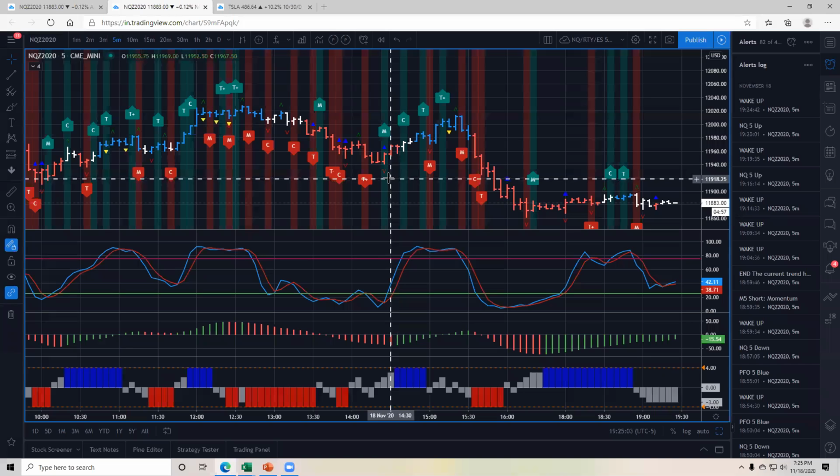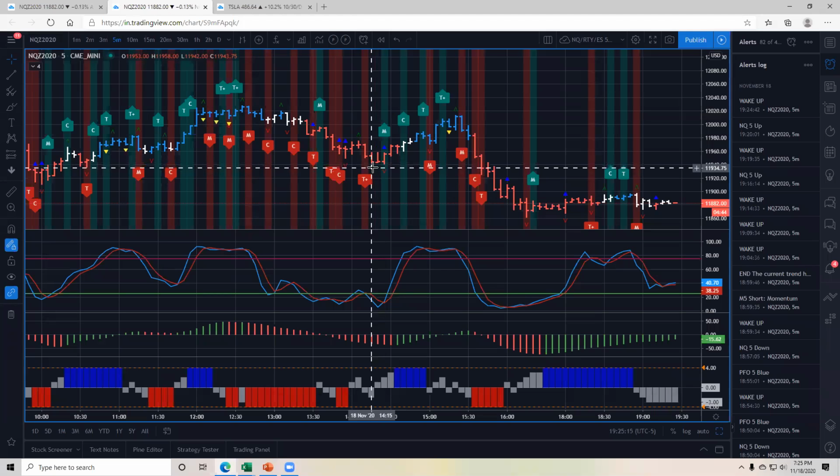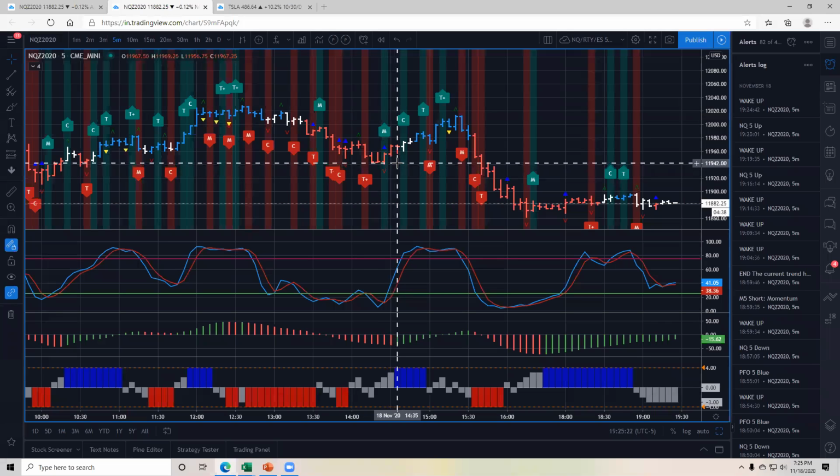What defines a fractal is, on a lower fractal, the two price bars preceding the fractal have higher lows. So you can see that neither of those bars' lows came below the low of the fractal. And the two bars that follow the fractal bar are also showing higher lows.